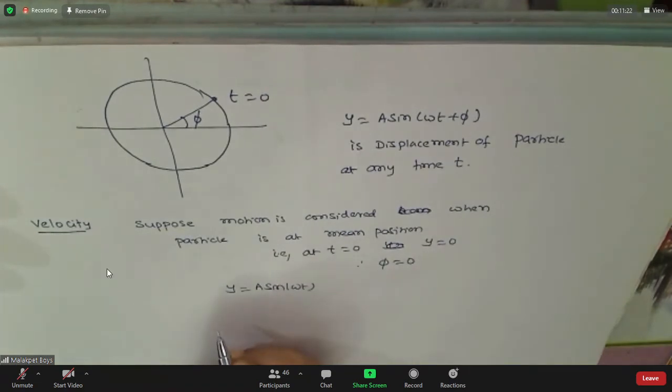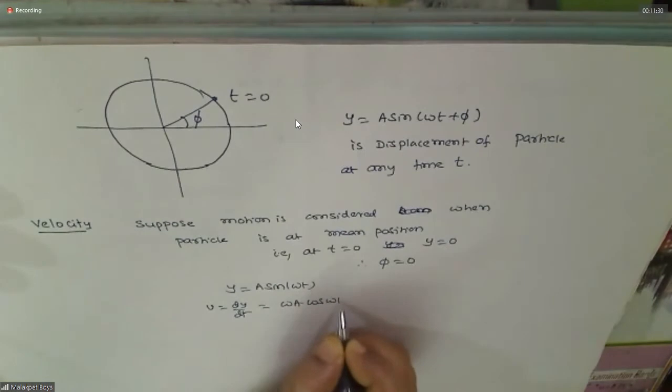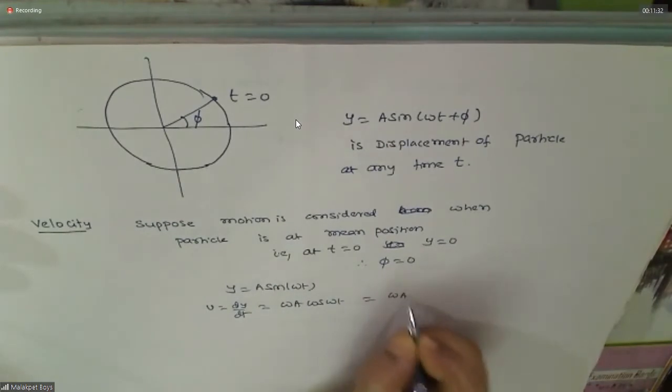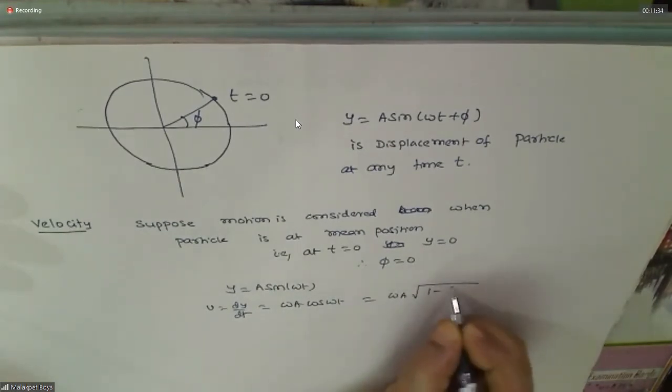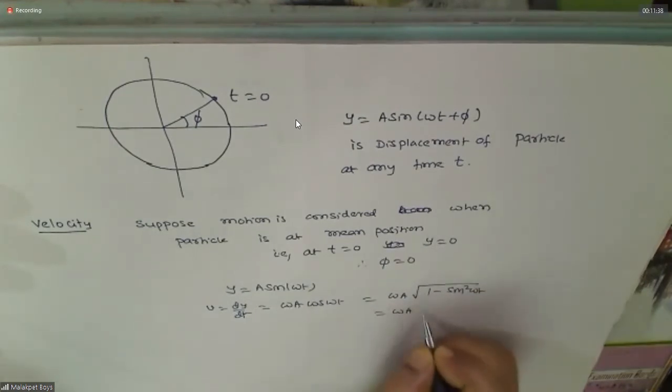Now you can see that the velocity dy by dt is omega a cos omega t. What is the cos function? Square root of 1 minus sin squared omega t, which is nothing but square root of 1 minus (y by a) whole squared.